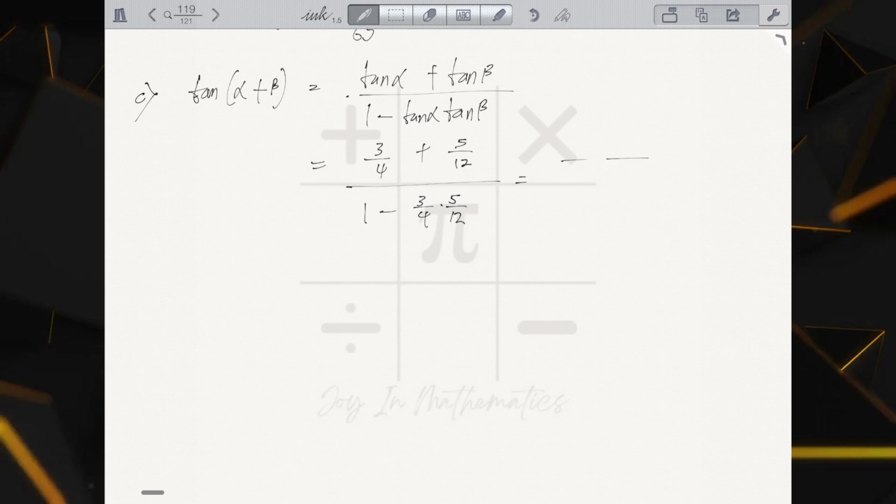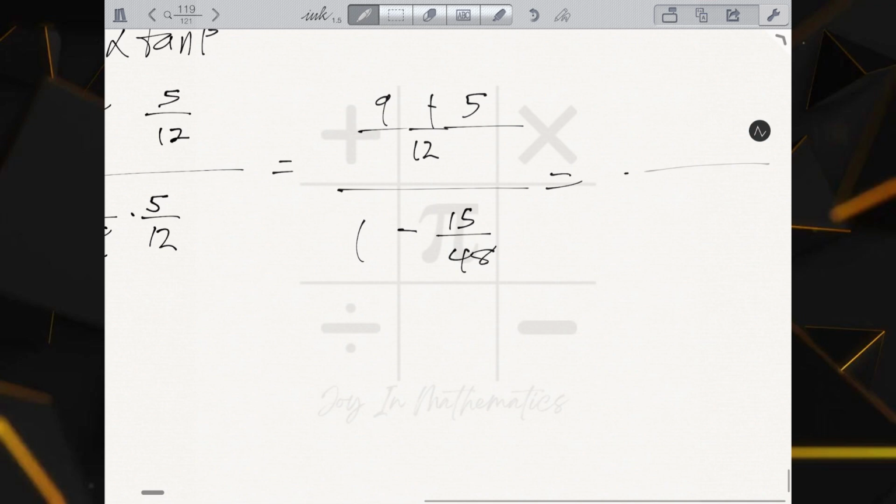The LCM will be 12, and we will have 9 plus 5, and the denominator will be expressed as 1 minus 15 over 48. Simplifying, the numerator gives us 14 over 12, and the denominator in LCM terms is 48 minus 15.